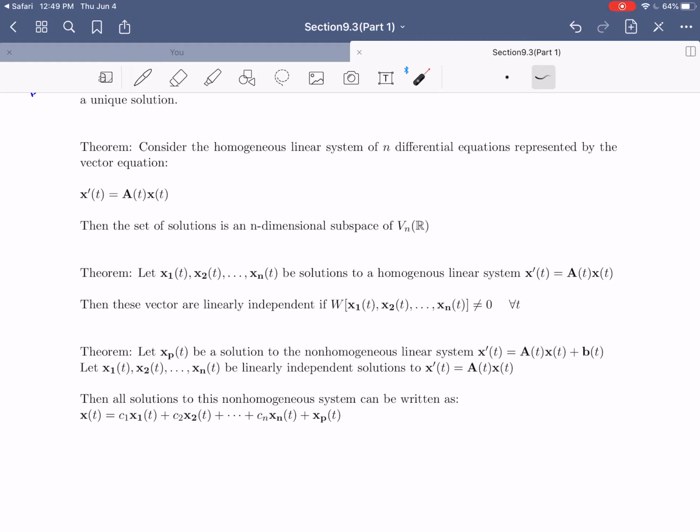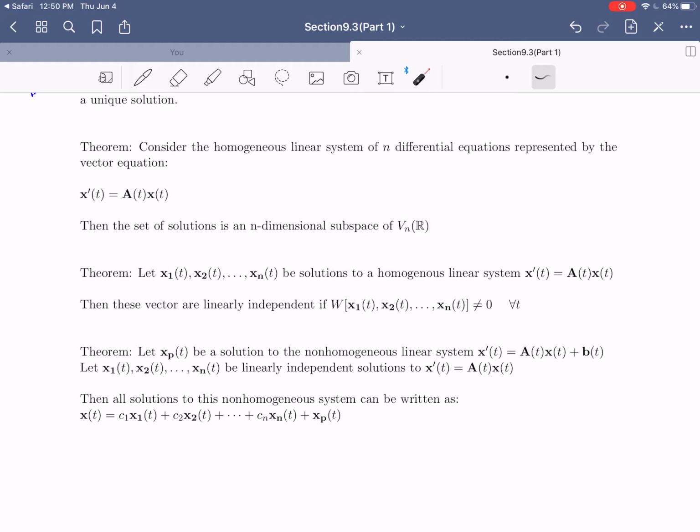This is actually what we used when we introduced the method of annihilators and the method of variation of parameters. This is saying that if you want to determine all the solutions to a non-homogeneous system, you just need to find a single particular solution and then use any linear combination of the homogeneous solutions plus that particular solution, and that'll generate every one of your solutions to the non-homogeneous system.